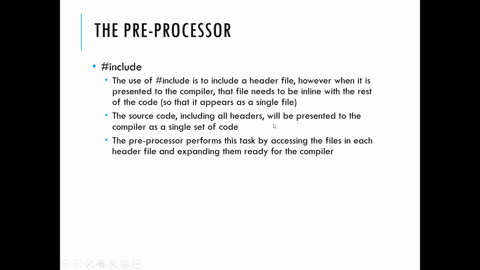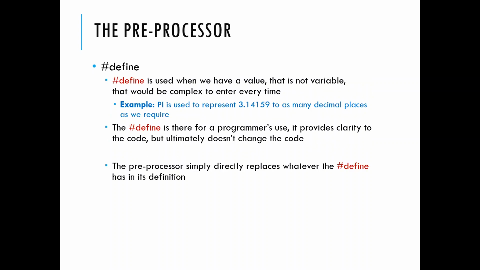The source file includes all the headers, and it will look like one big chunk of code. You don't have to really worry about this, because you never look at this actual object code at the end. This is for the computer to use, not for you. So this allows me to make one giant file at the end. But other than that, you do whatever you want.